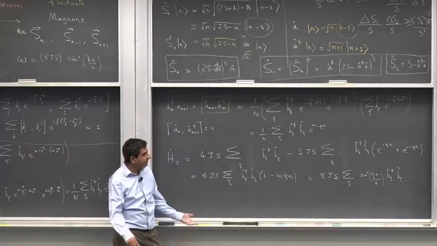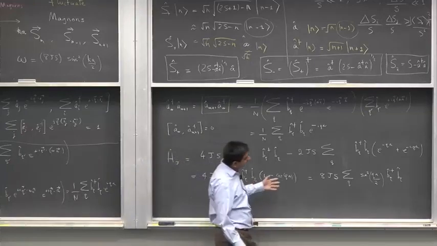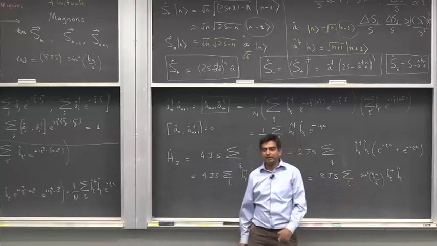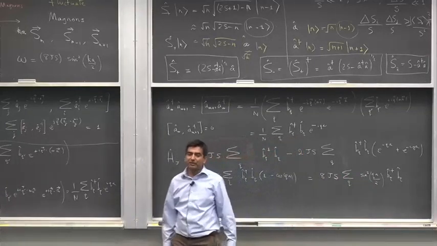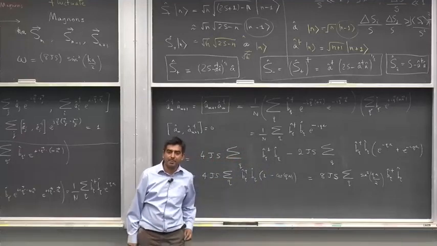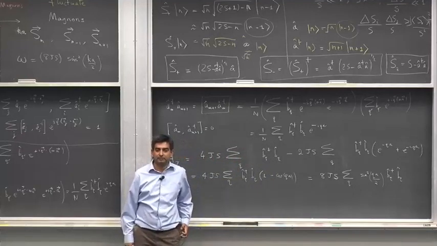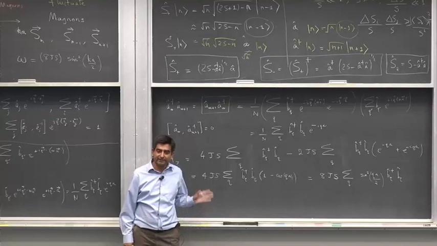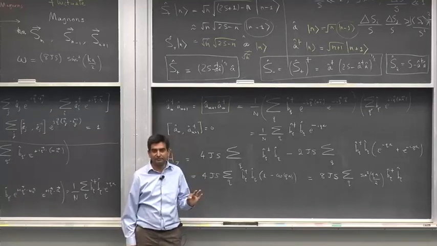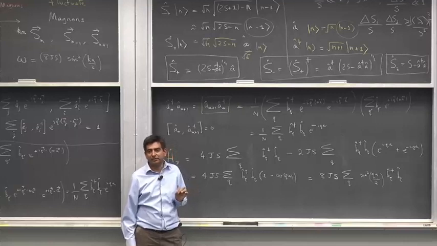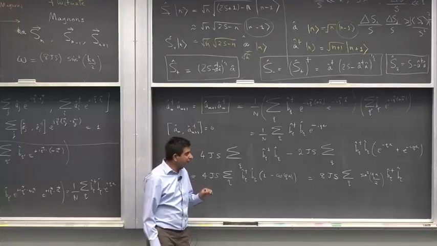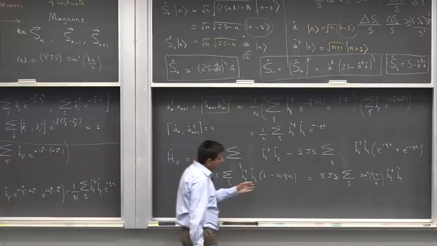And doesn't this give me the Hamiltonian for a harmonic oscillator? Exactly the Hamiltonian for a harmonic oscillator. So the magnons behave just like a harmonic oscillator.